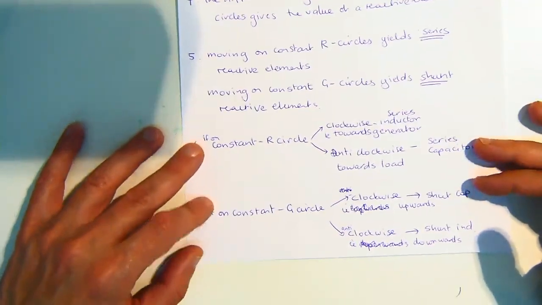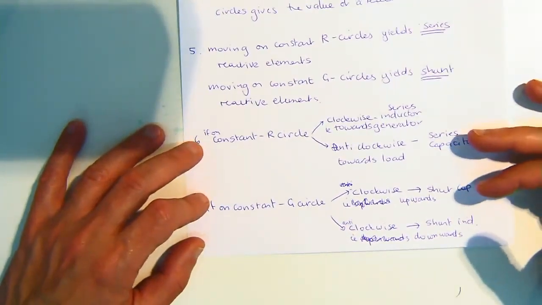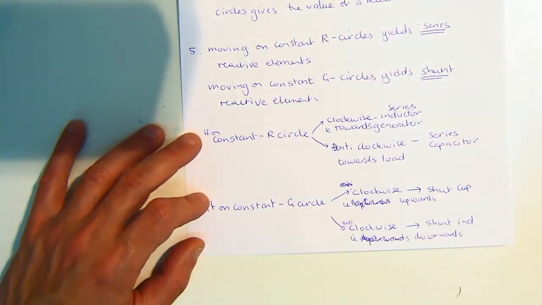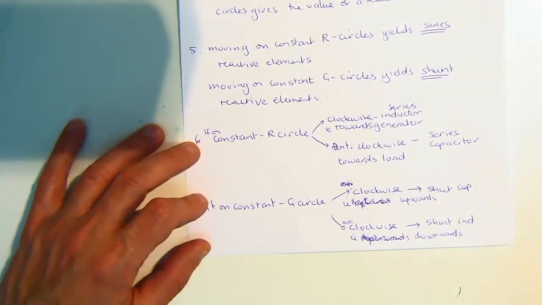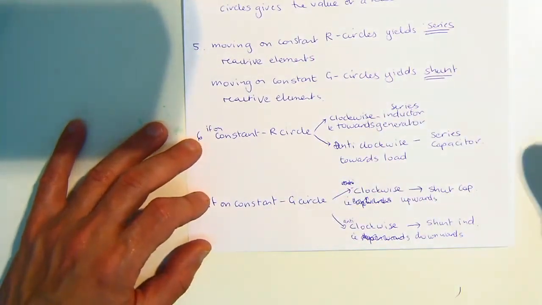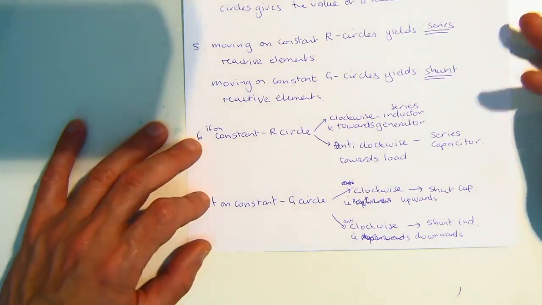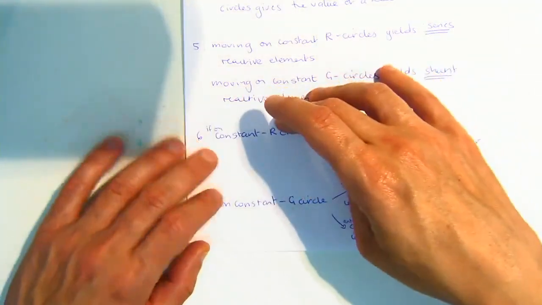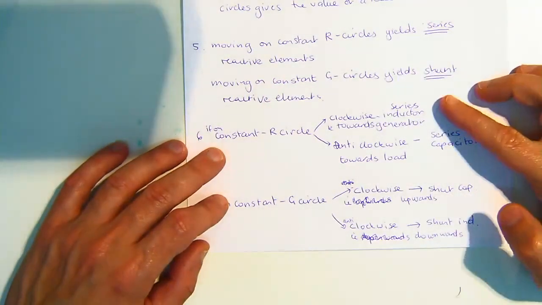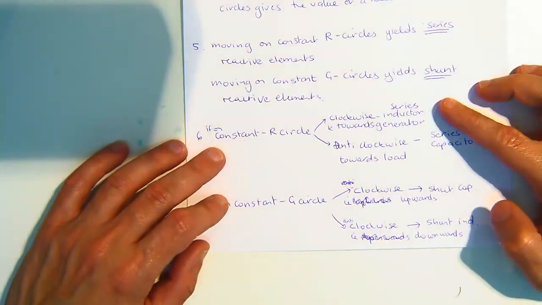Now, the other bit of information that I think is useful, because it always confuses me, so that's why I've written it down. So hopefully, you remember it as a rule, so then you don't make the same mistake that I usually make. If you're on a constant resistance circle, if you're moving clockwise or towards the generator, you're adding a series inductance, right?